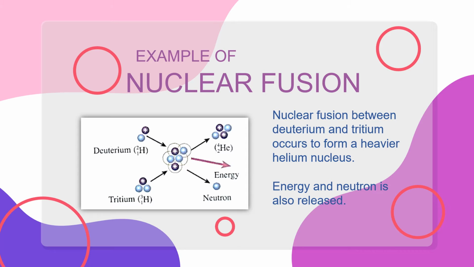In principle, nuclear fusion can produce much more energy than fission, but very high kinetic energy is required to overcome electrostatic repulsion between the positively charged nuclei and initiate the fusion reaction.